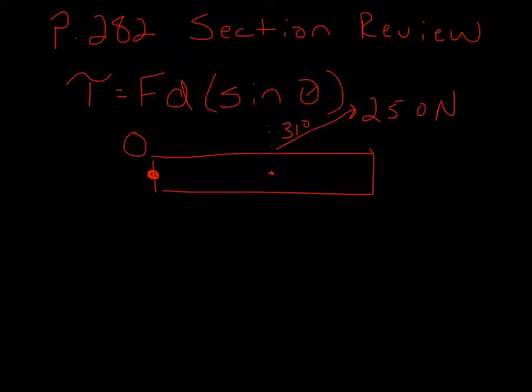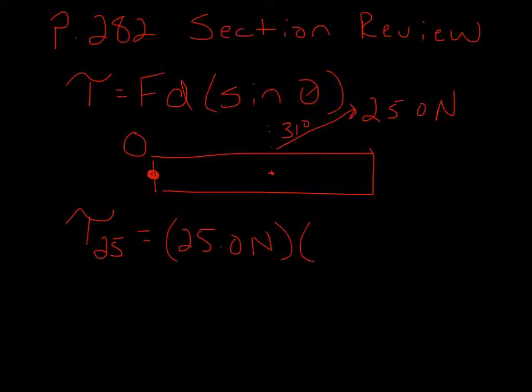Okay, so let's put what we know into our equation. We want to find the torque of the 25 Newton force. So our force is 25.0 newtons. Our lever arm, it shows that this distance, 2.0 meters. It shows it in the picture. Now here's where we got to be careful.